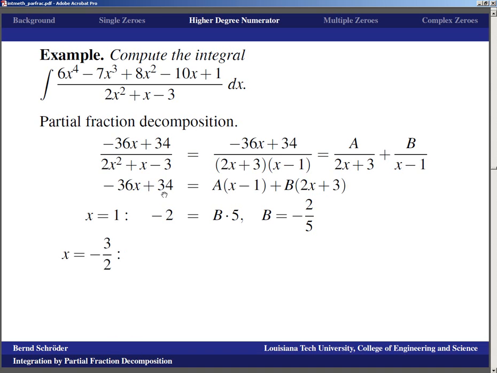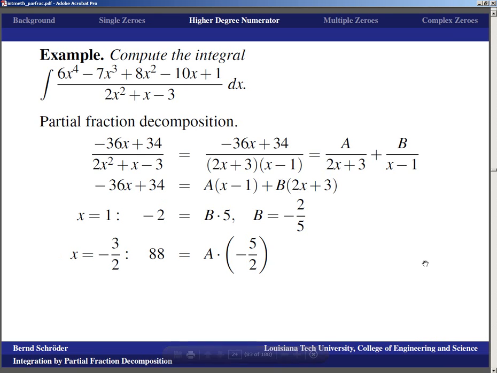Would that really become 88? Yep. And it's negative 88. That should be plus 88. Hang on here. Yes, indeed, it was not a negative 88, but a plus 88.